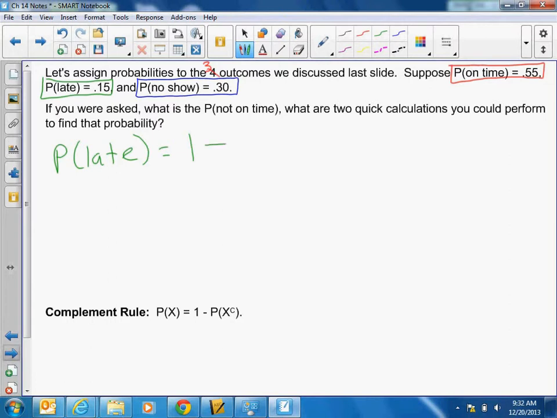We're going to subtract, because being on time and being a no-show, you cannot be in those two event categories and also be late. So we're going to subtract here. 1 minus 0.55 minus 0.30 should give us the probability of this third event, the probability that you're late. So the probability that you're late is equal to 0.15, which is what we already found.